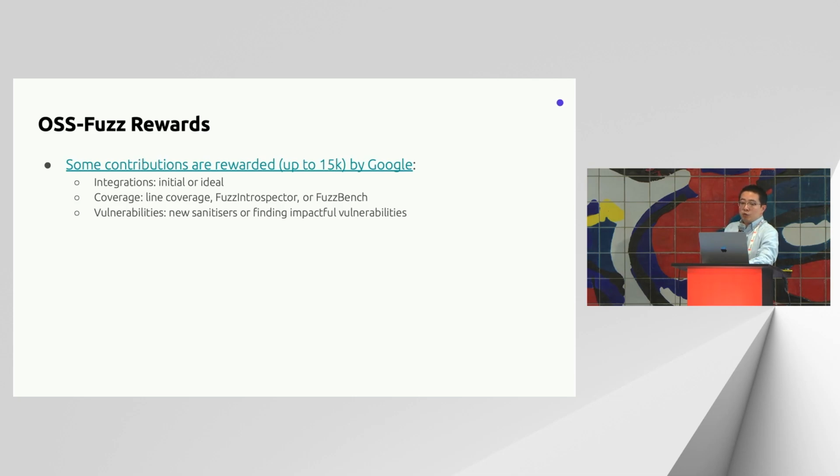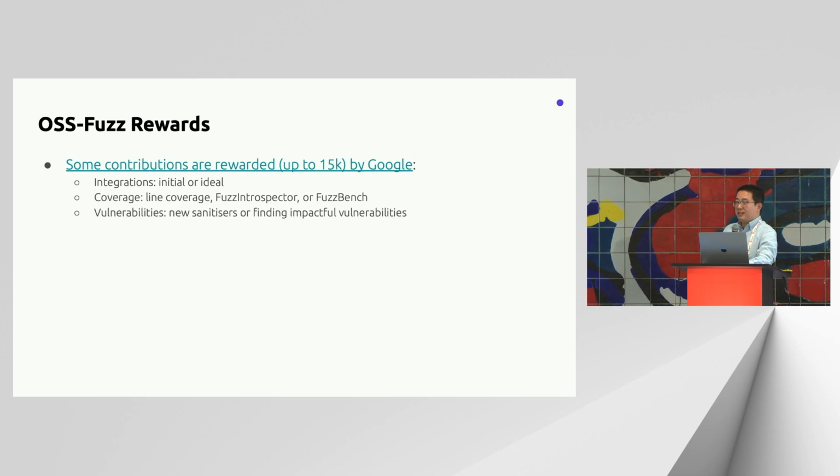So for integration rewards, we gave an initial integration reward to people who integrate a new, impactful open source project into OSS-Fuzz. We also gave an ideal integration reward if the fuzz target is really impactful and satisfies certain criteria. We reward people for high coverage.